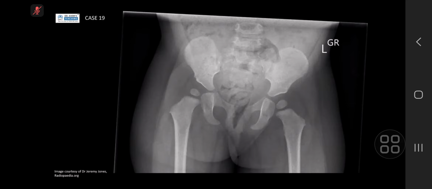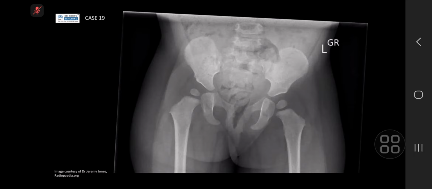As I can see on the right side, there is mild disruption of the Shenton line, and the femoral head epiphysis is slightly smaller, asymmetrical. I want to see the Hilgenreiner line, and if the femoral head is within the medial two thirds, and if there is soft tissue swelling or elevation.